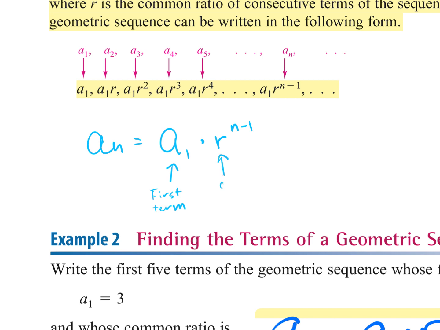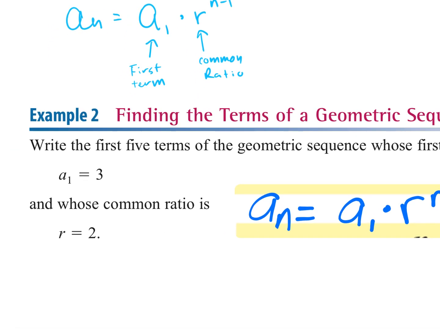Our common ratio. What's n? The number of the term we're looking for. So if it asks us for the 10th term, n would be 10. So add this formula to the list of formulas that you need to know for our test.